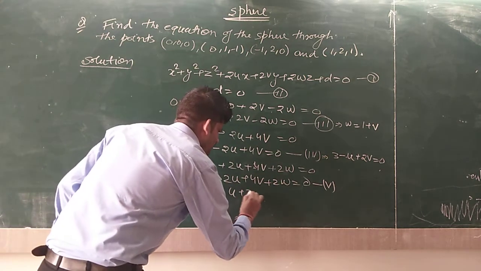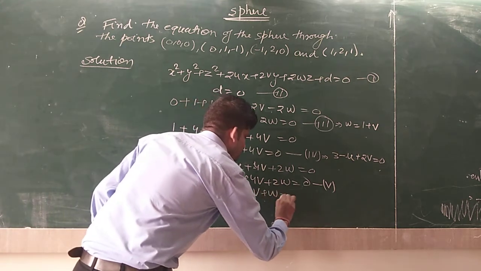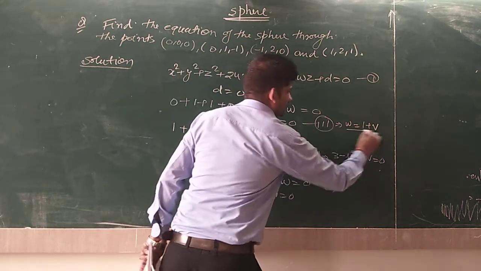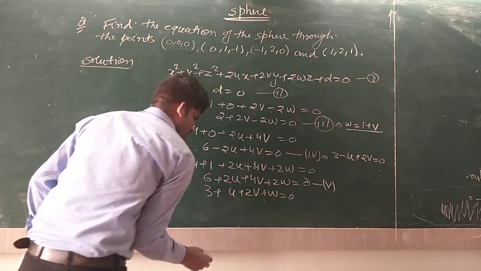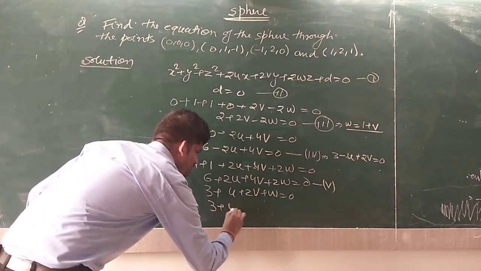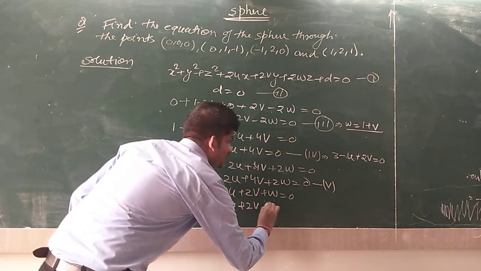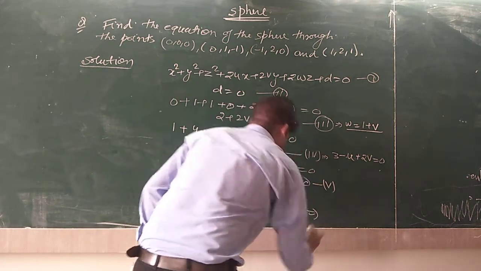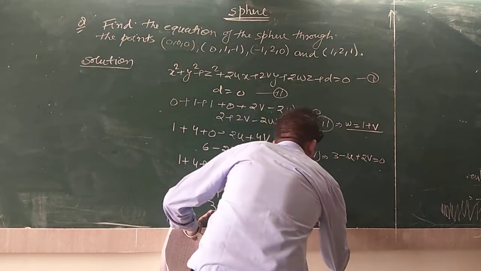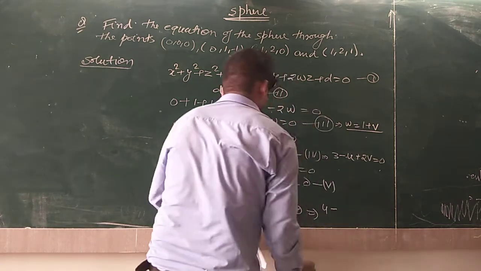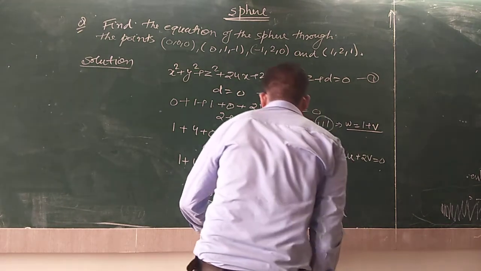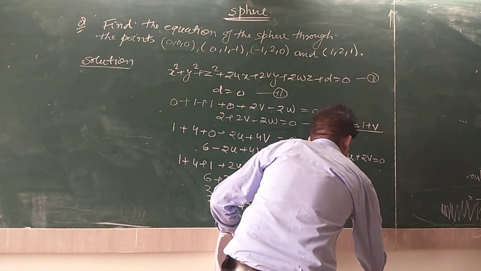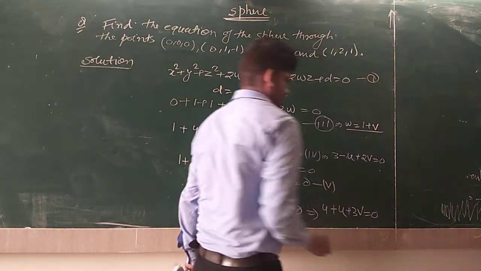In equation 5, 3u plus 2v plus w equal to 0, putting the value of w equal to 1 plus v, we get u plus 2v plus 1 plus v equal to 0. Then 3 plus 1 is 4, plus u plus 3v equal to 0.